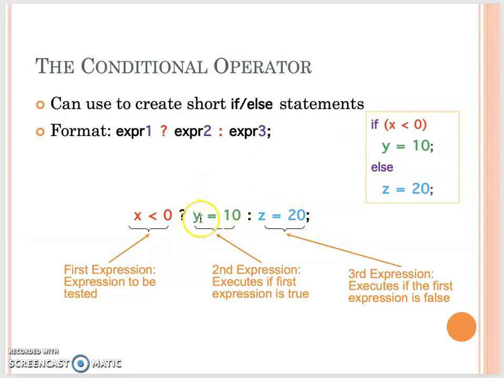The next operand in the middle is for when the condition is true. The last one is for when the condition is false. That's our ternary operator, the conditional operator. The first expression is the test, then the second expression is used if the first expression is true, and the third expression if the first expression is false.